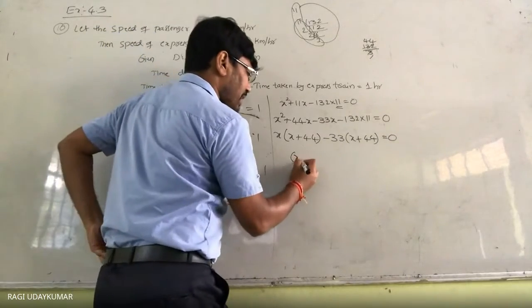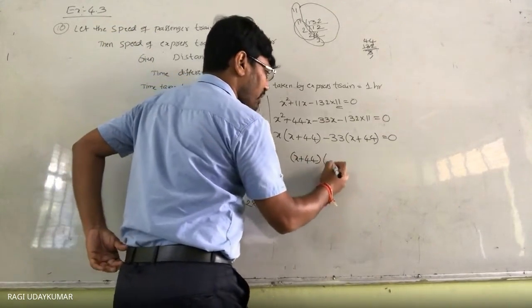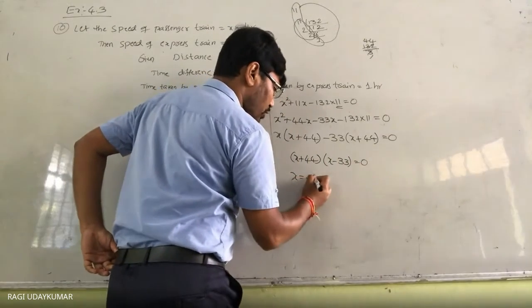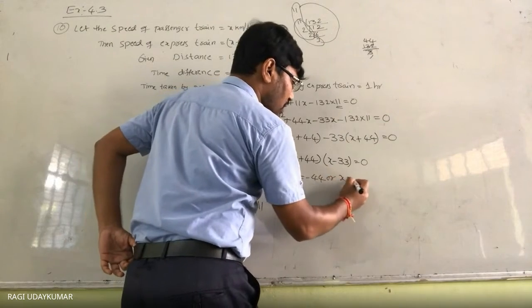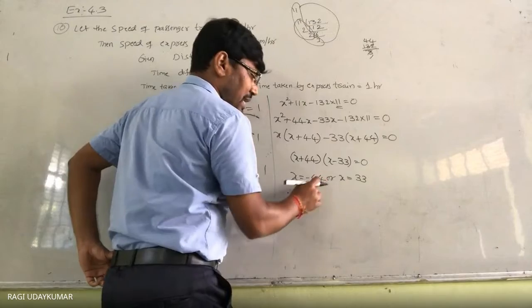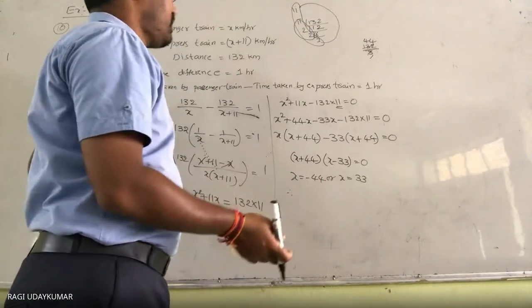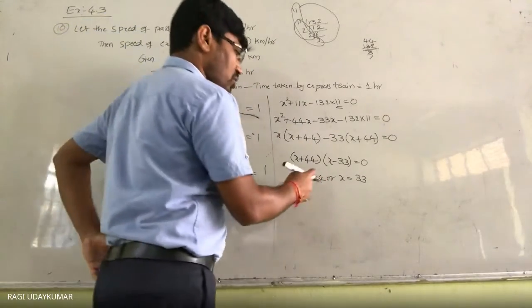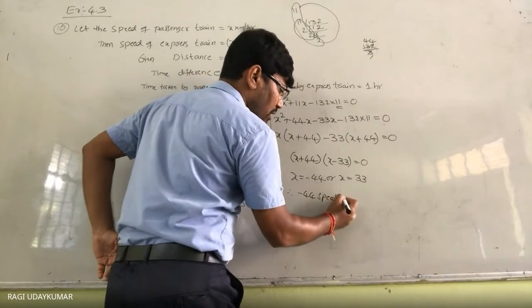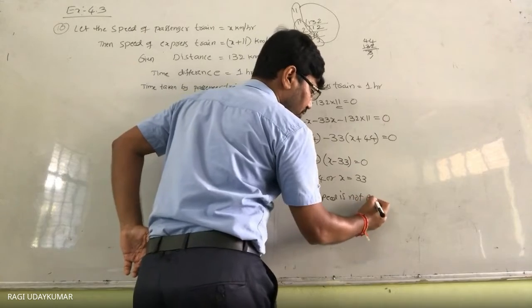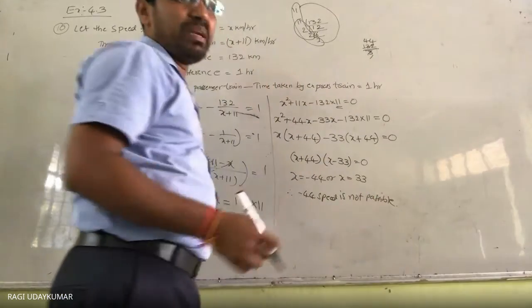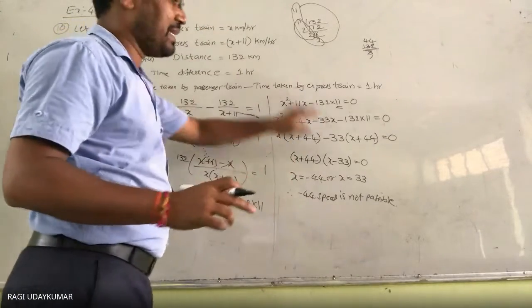So x plus 44 common, x minus 33 is equal to 0. So x is equal to minus 44 or x is equal to plus 33. Negative speed is not possible, so minus 44 is not possible. The speed of the passenger train is 33.